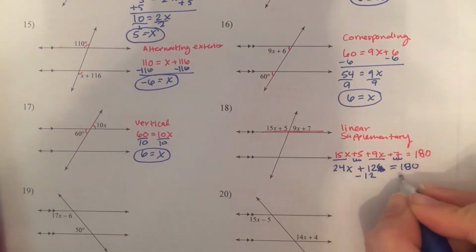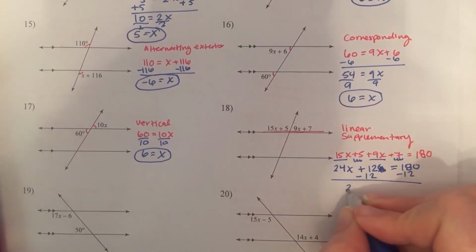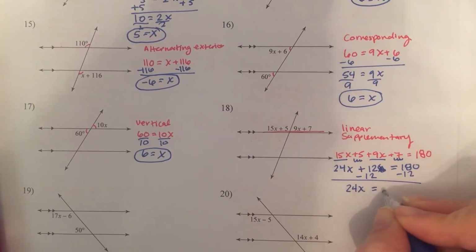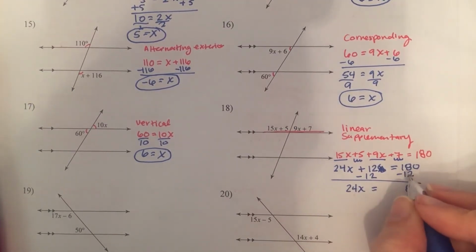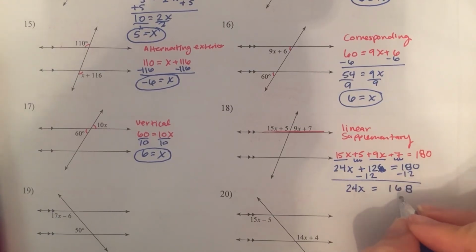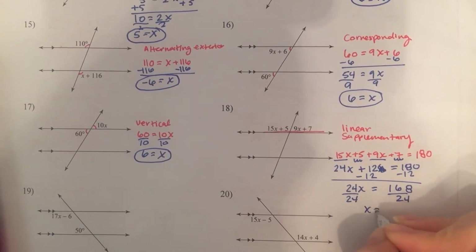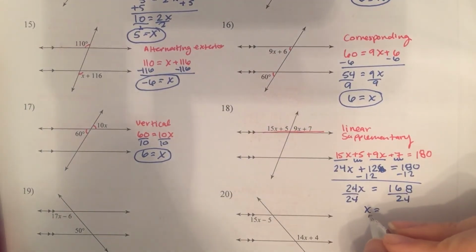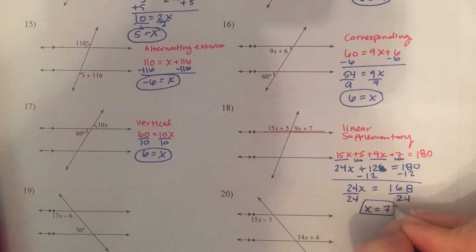Then I minus the 12 from both sides. 24x is equal to 168, divide by 24. x is 7.